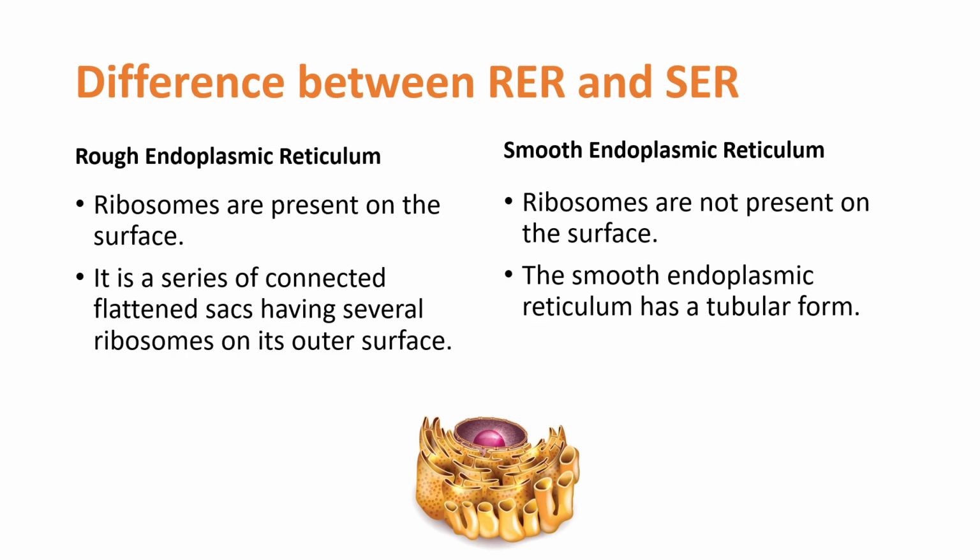Now in rough endoplasmic reticulum, you can correlate with the diagram, flattened sacs are present which are connected with each other, but in smooth endoplasmic reticulum there are tubules which are connected with each other. So the formation of rough endoplasmic reticulum is of flattened sacs, and smooth endoplasmic reticulum is of tubules.